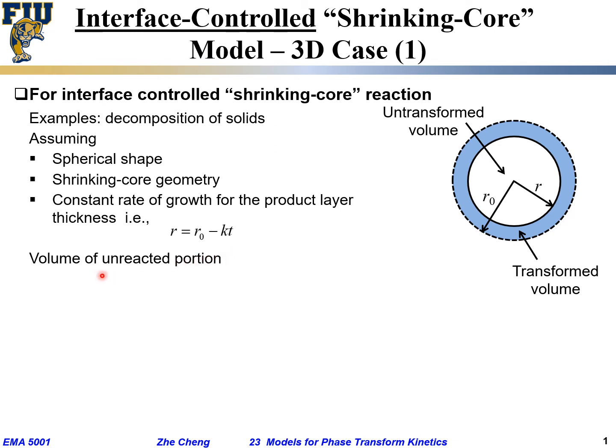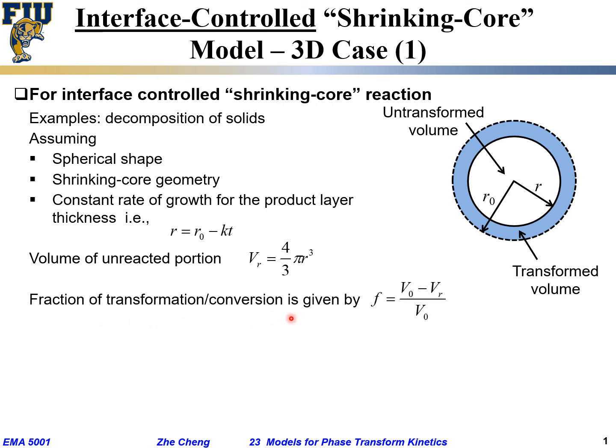With that, the volume of the unreacted portion, V_R, for radius R would be 4 over 3 pi R to the power of 3, or pi R cube, okay? The fraction of transformation or conversion would be similarly given by F, the fraction of conversion, equals the initial volume V0 minus the unreacted or untransformed volume, divided by V0, okay?